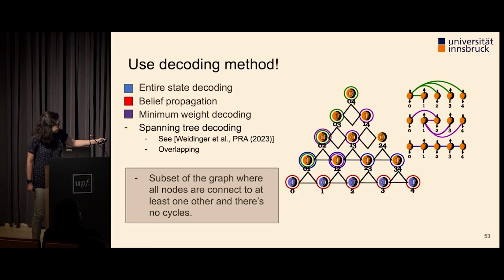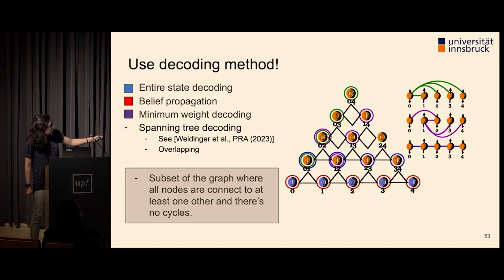The idea of spanning trees is that they are defined on the original optimization problem, and they are a subset of the original graph where all the nodes are connected to each other, but no loops are formed. If we represent these spanning trees on the LHZ embedding, you can see them here.